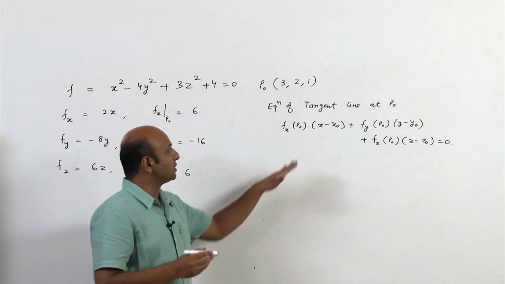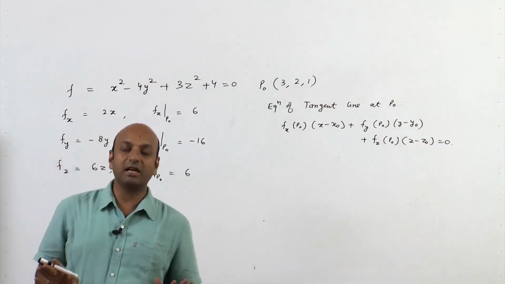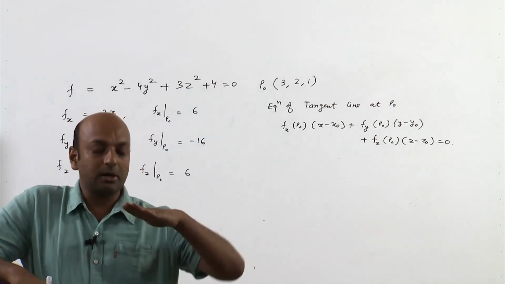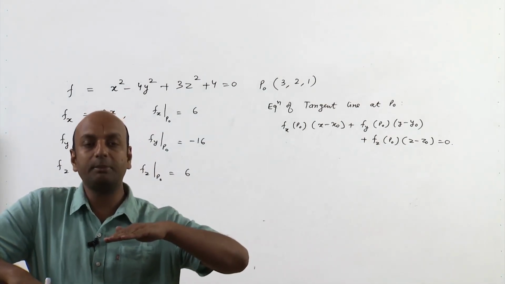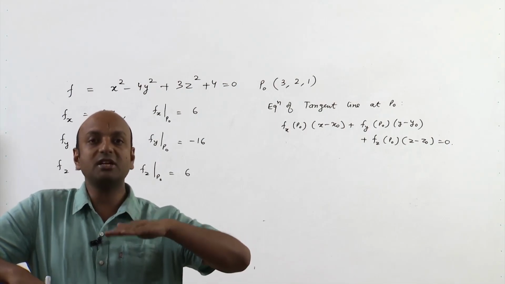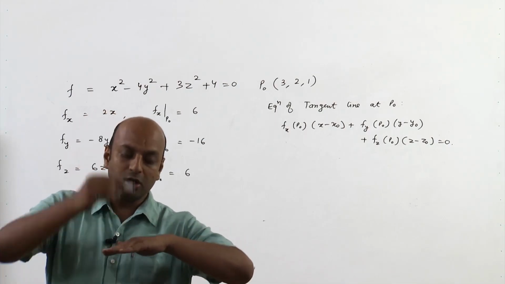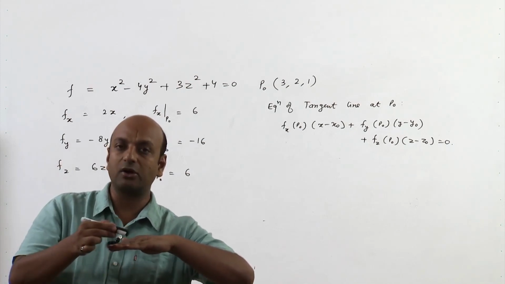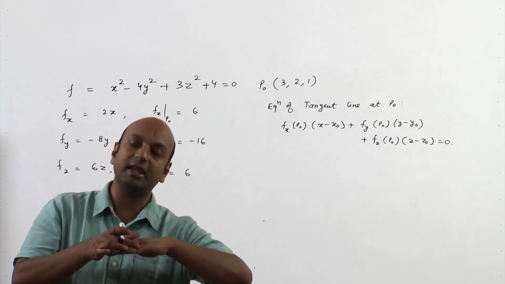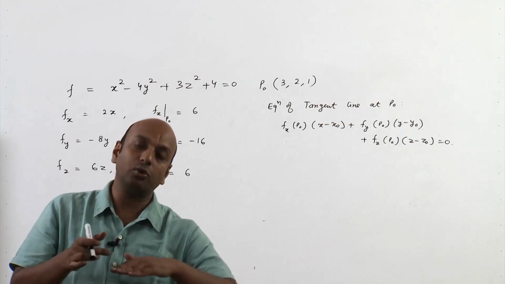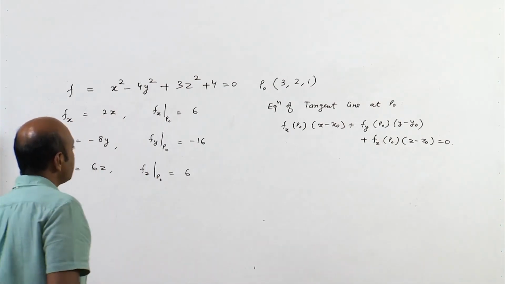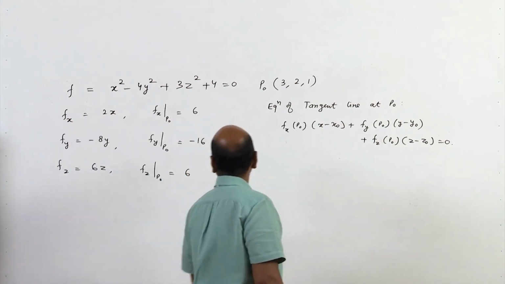To remember this equation, simply remember that the gradient of f is always normal to the surface at a point P naught. If you take a vector (x minus x naught, y minus y naught, z minus z naught) on the tangent plane, both are perpendicular, that means the dot product will be 0. If you take the dot product, you will simply get back to this equation.